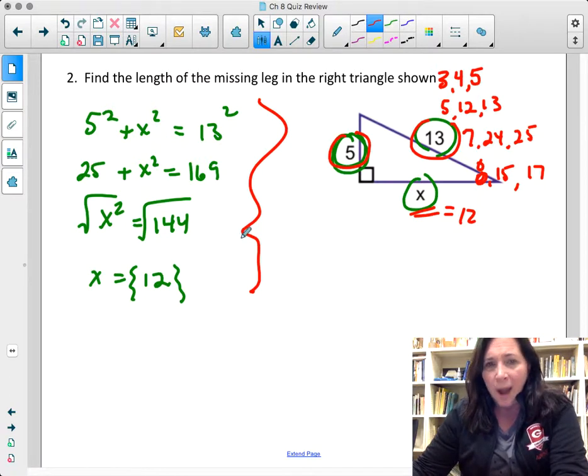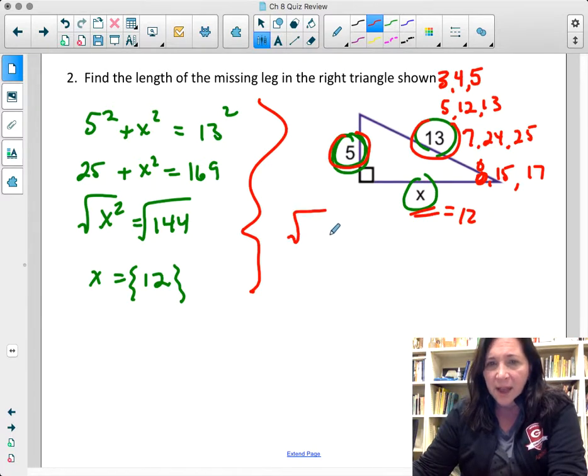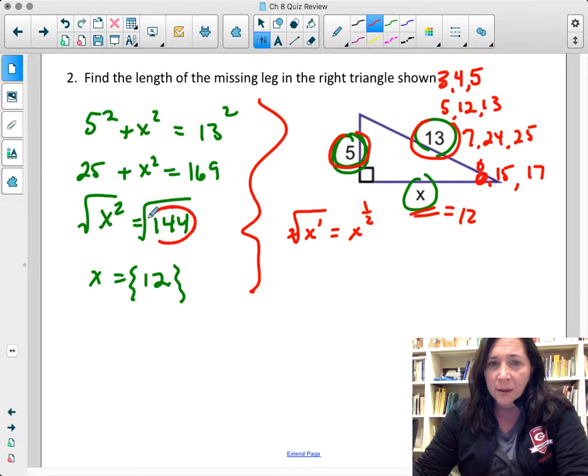Remember, why did you lose the root? Where did it go? Just to keep in mind, a root is a 1/2 power. So if I had the square root of x, that's going to be x to the 1/2 power. There's a little 1 here and a little 2 here that we know is there, but we don't see. Another way of writing 144 is actually 12 squared.